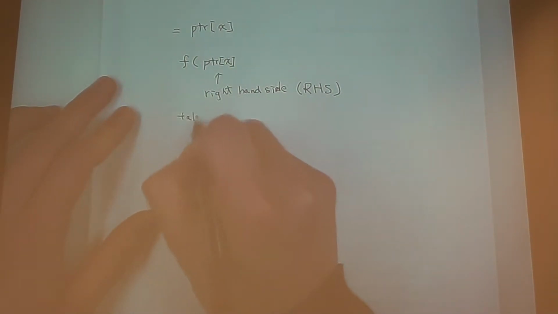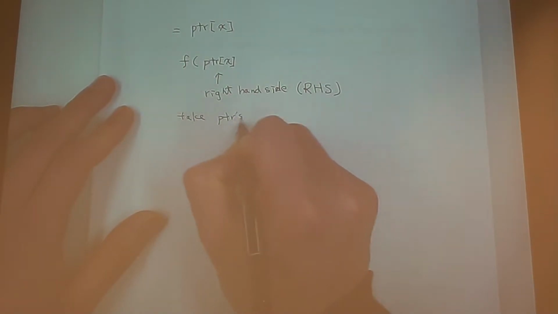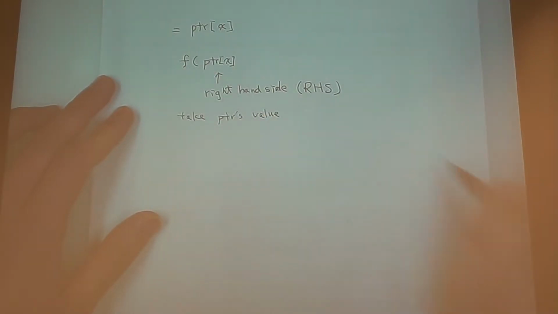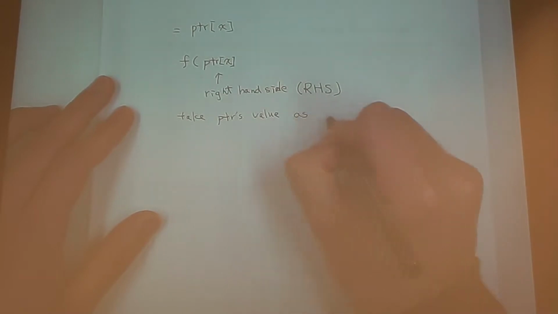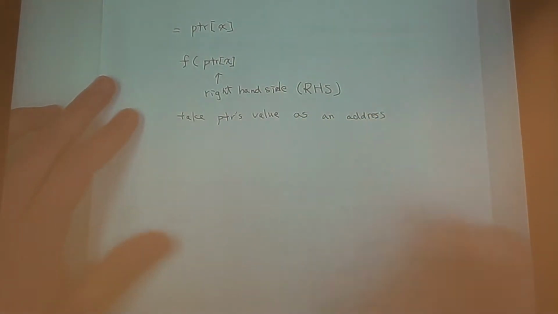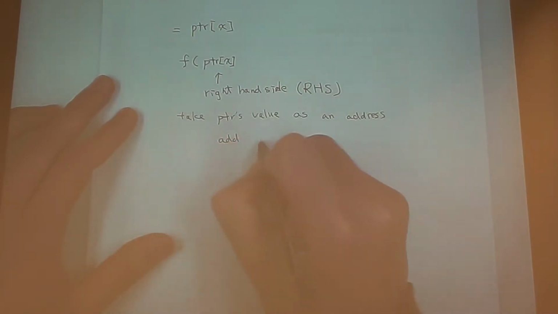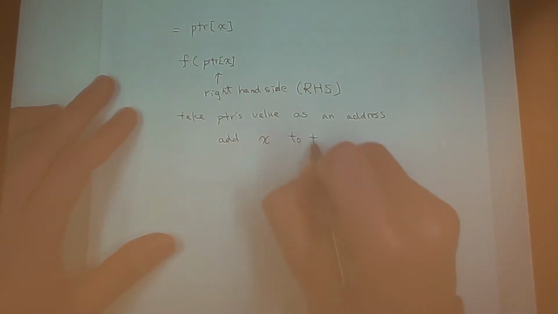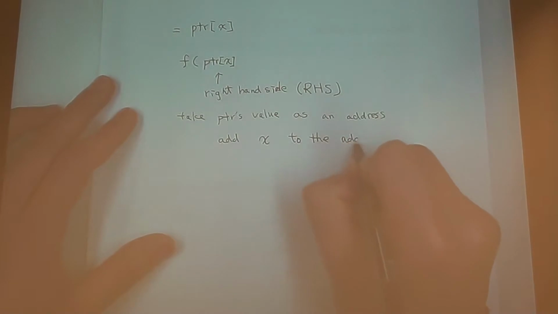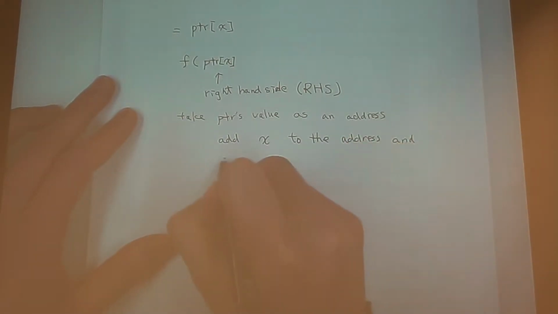When you do this, it means the following. You will take PTR's value as an address. You add X to the address and get a new address.